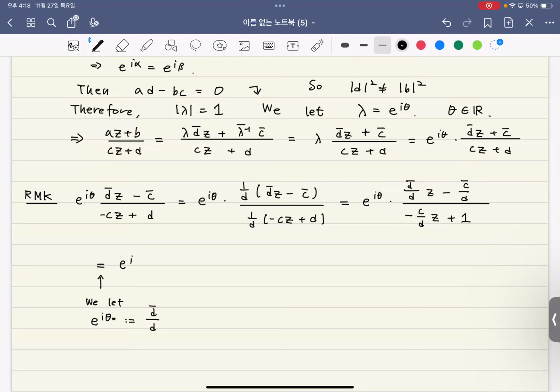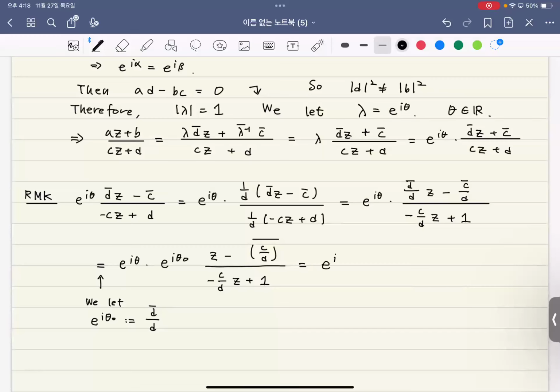Then e to the i theta times e to the i theta 0, and z minus c over d, times d bar, and minus c d z plus 1. And these two numbers cancel each other. So this is simply c over d, everything taken complex conjugate.